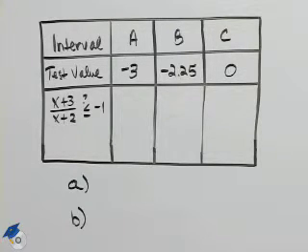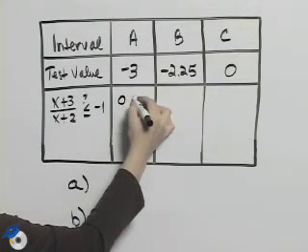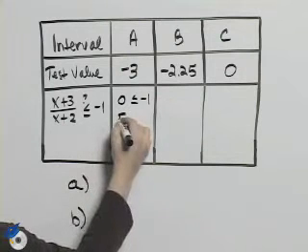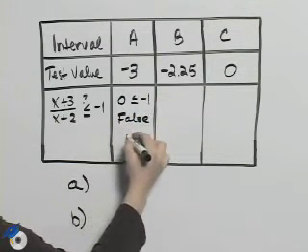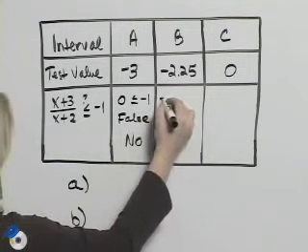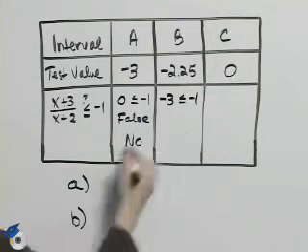When x is -3, we end up with 0 less than or equal to -1. That's a false statement. So the answer is no. The left-hand side is not less than or equal to the right-hand side. When x is -2.25, we end up with -3 less than or equal to -1.